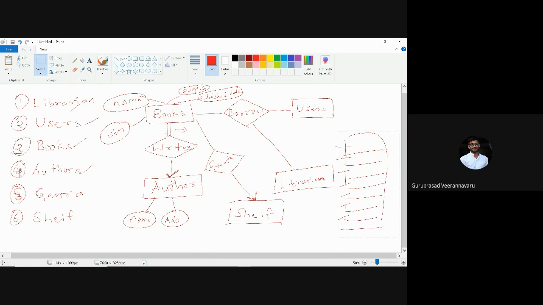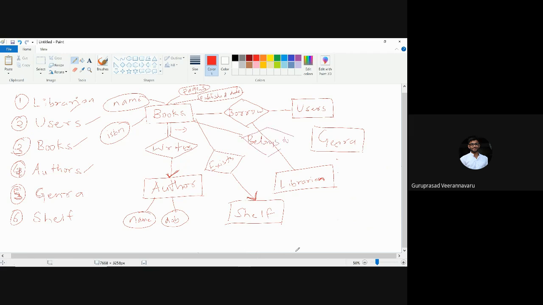So we have one more, genre. How will we put it? We'll put it here. Book belongs to a genre, right?